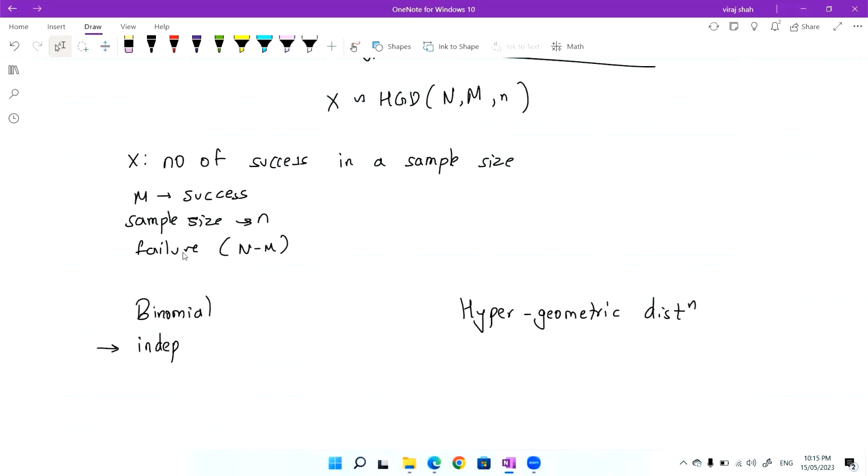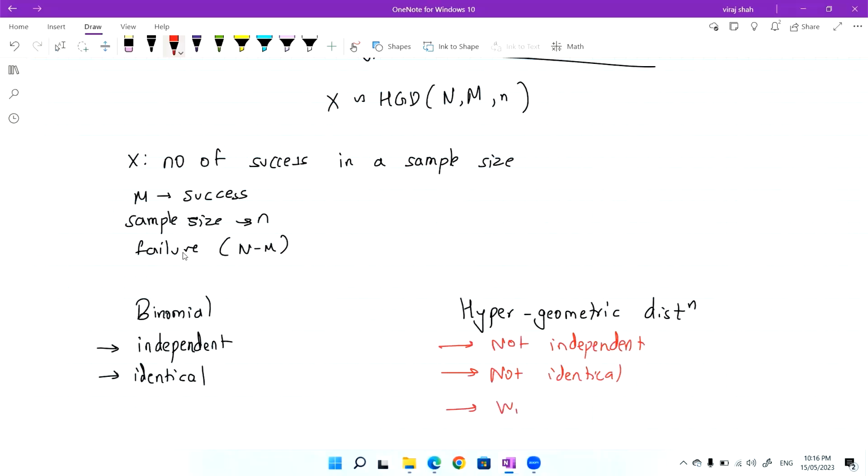It is that the trials in the sample are independent and identical. But for a hypergeometric distribution, they are not independent, they are not identical, and it can be done without replacement.